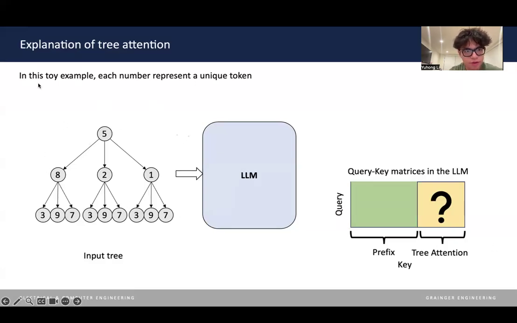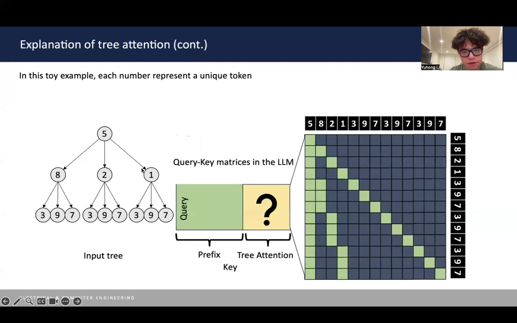How do we do that in this scenario? Okay, we'll see here is basically for a tree attention, everything will associate with its past tokens, like its ancestors. So for example, 3 here, there's 3 on the mask.